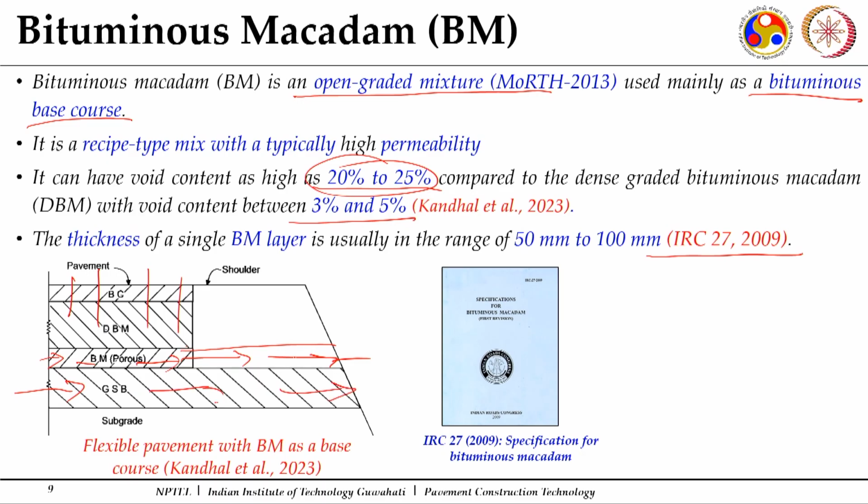Similarly, it has to be taken care of for the bituminous macadam base course when you are using this course in the flexible pavement. If not, there are chances that water gets trapped in the bituminous macadam and damages the structural integrity. So, like you do for the drainage layer, extend the provision for the removal of water from the bituminous macadam course also.